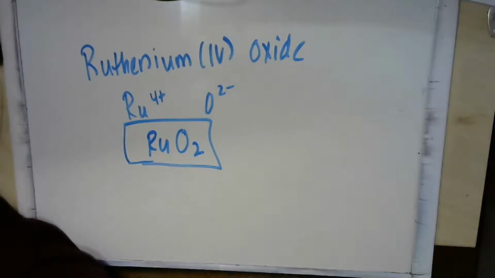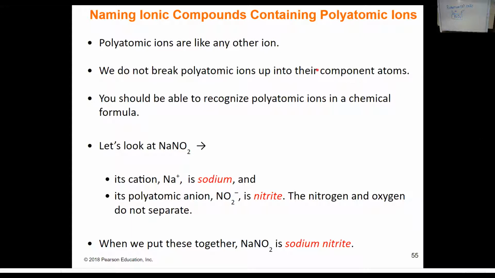The next type of ion we have to look at is what's called a polyatomic ion. Okay, and a polyatomic ion is a group of nonmetals that are covalently bound together. But when they are covalently bound together, they end up with a charge attached to them as a group.